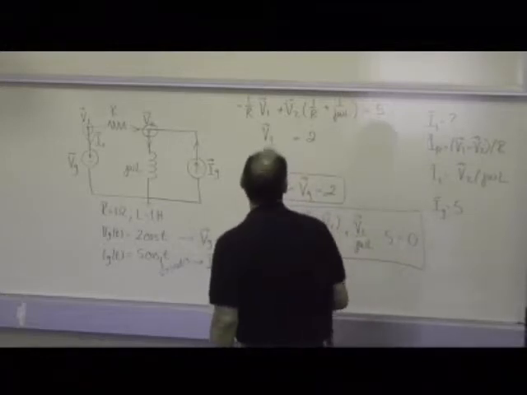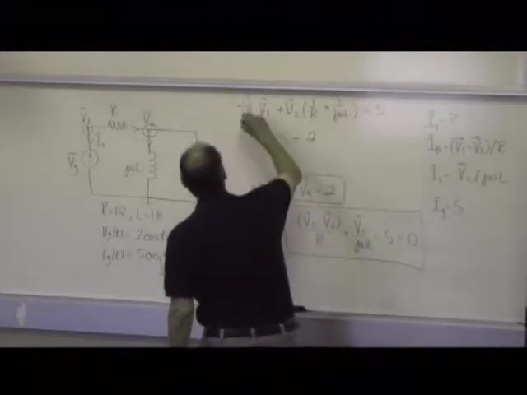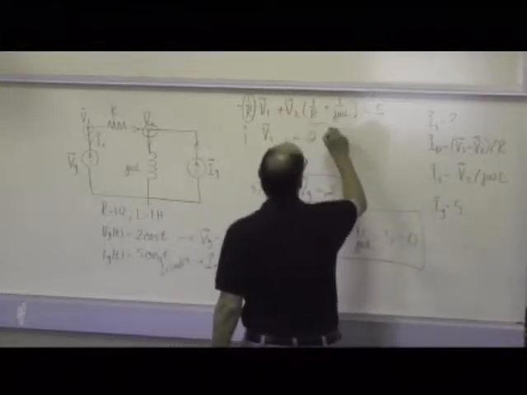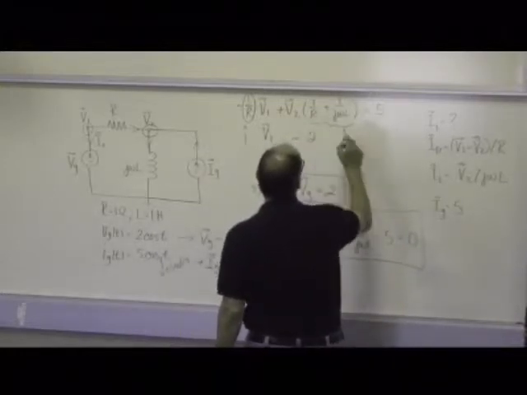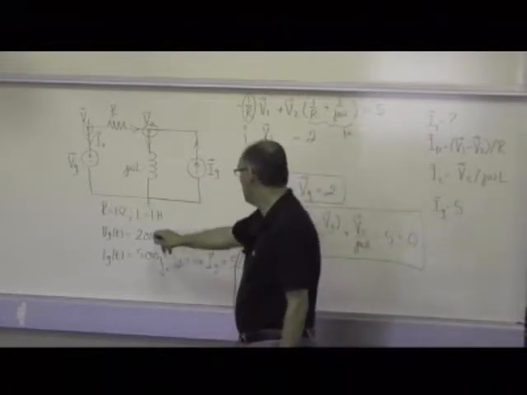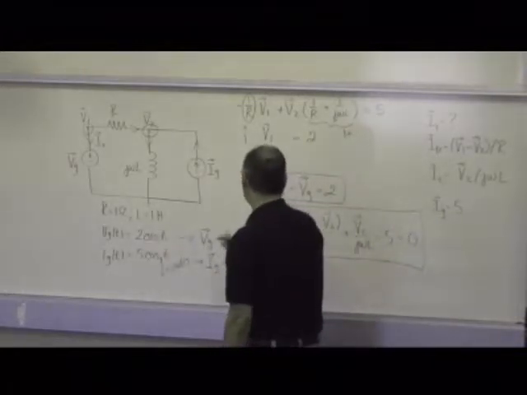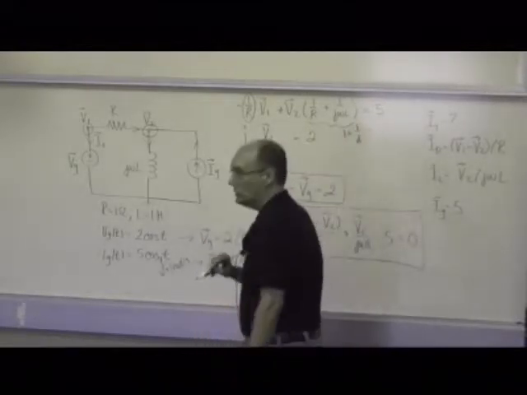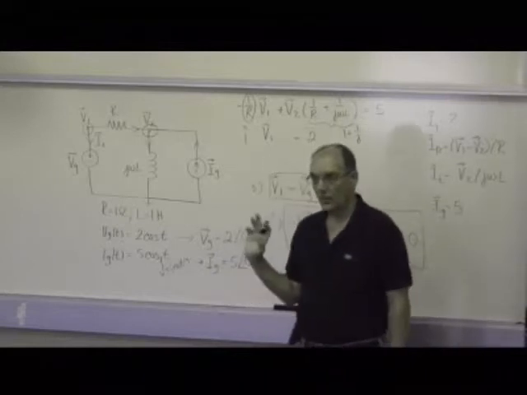R is a 1. So this here is a 1. Here I'm going to have 1 plus 1 over j omega L. Omega is whatever multiplies t, which is a 1. L is a 1, so this becomes 1 plus 1 over j. What is 1 over j?